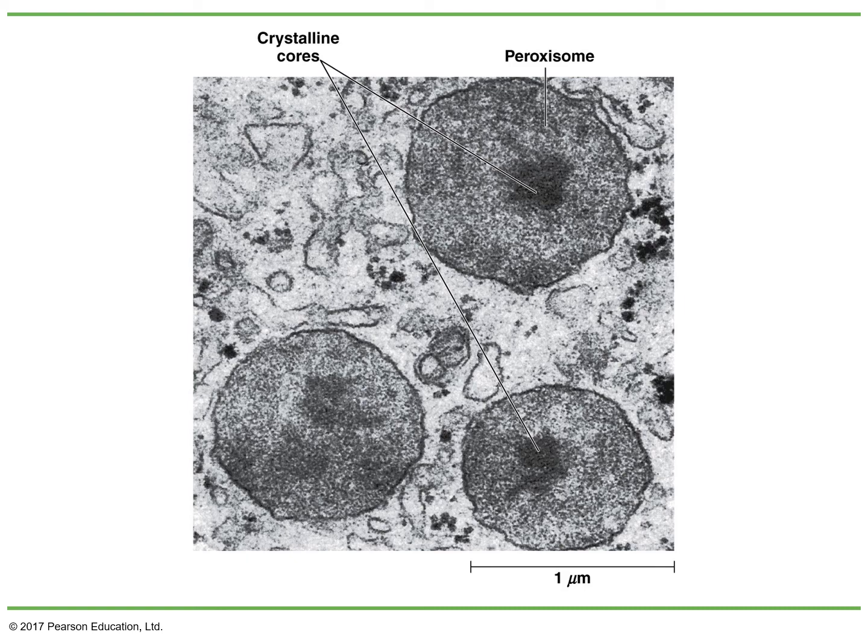When such crystals are present, it is easy to identify a peroxisome because urate oxidase and catalase are two of the enzymes by which peroxisomes are defined. However, in the absence of the crystalline core, it is not always easy to spot peroxisomes ultrastructurally. This figure is an electron micrograph that shows several peroxisomes, or microbodies, in the cytoplasm of a rat liver cell.